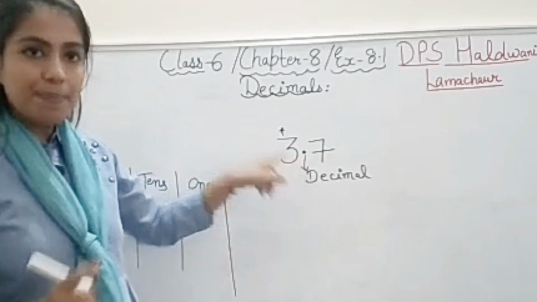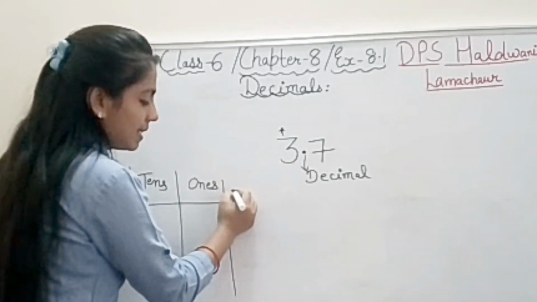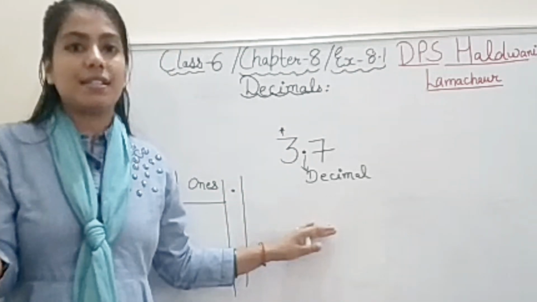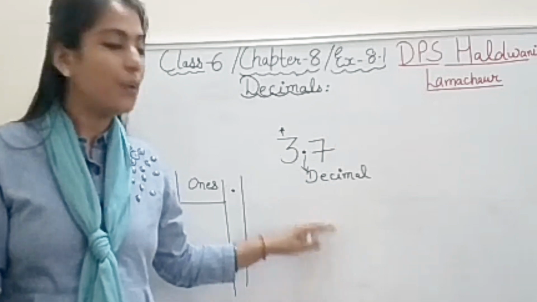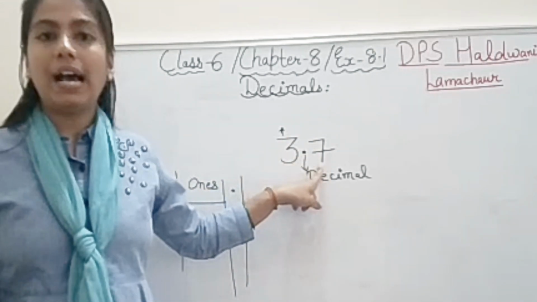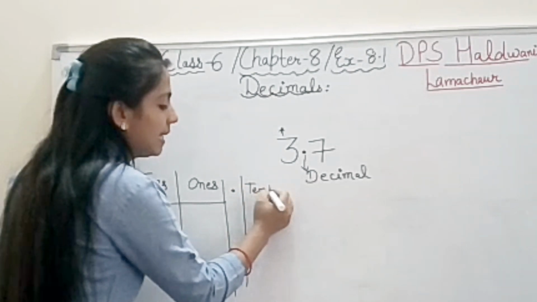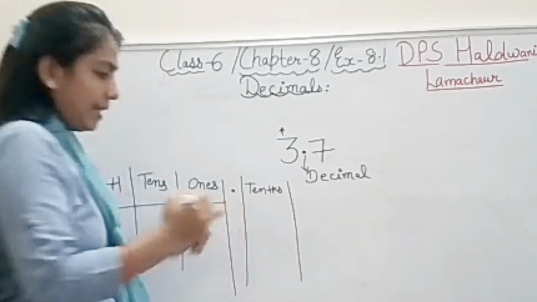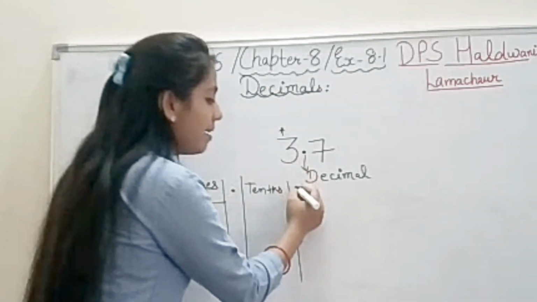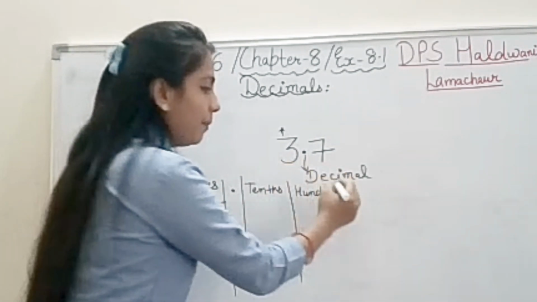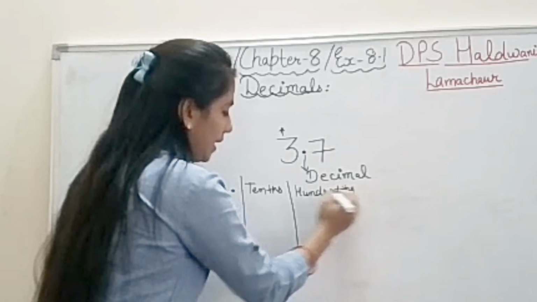Now, where does the decimal start from? This is the decimal, and after the decimal, our table will change. The value will change. How? The very first will have the tenths place, and then after that there is the hundredths place, and at the last there would be THS.